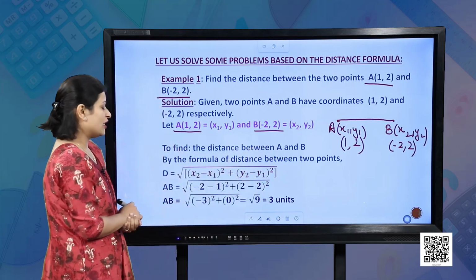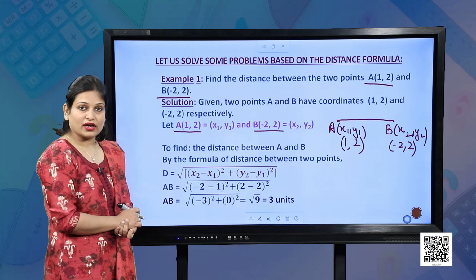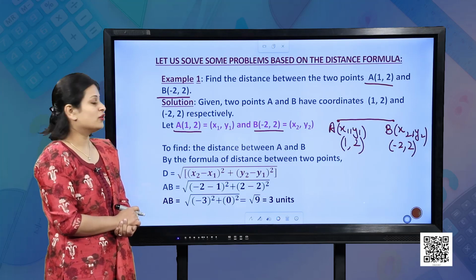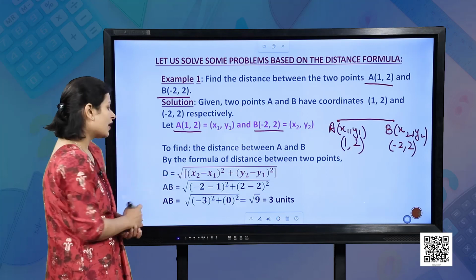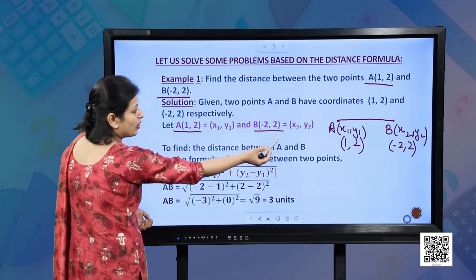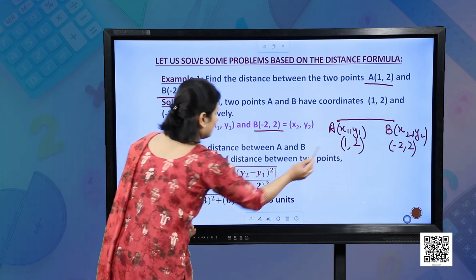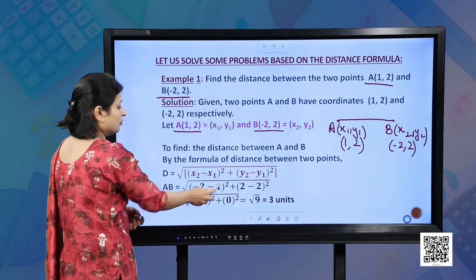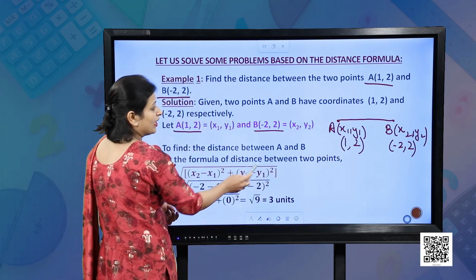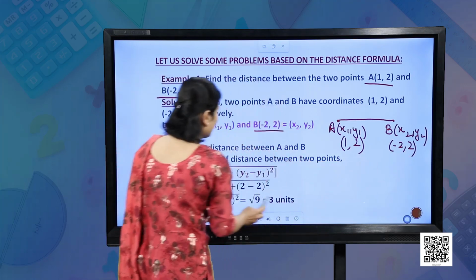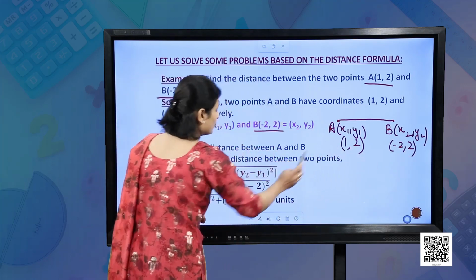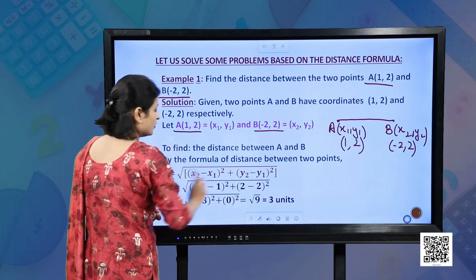Simply substitute the values of x1, y1, x2 and y2 in this formula. As I told you, x2 is what? Minus 2. So, minus 2, x1 is 1, whole square plus y2 is 2 and y1 is again 2. So, 2 minus 2 whole square.